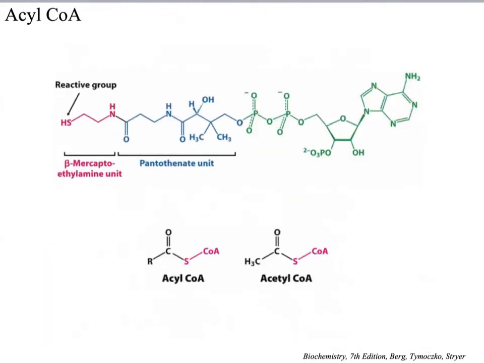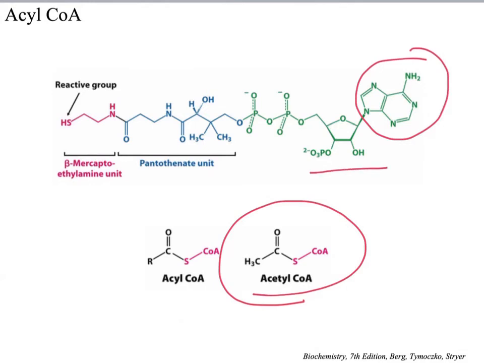Continuing on with our common carriers or common intermediates, we have acetyl-CoA. And so acetyl-CoA is abbreviated here on the bottom. Now the CoA can be represented up here. We have an adenine and our ribose.